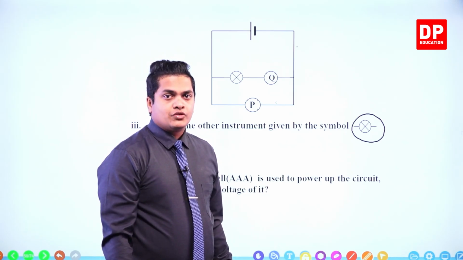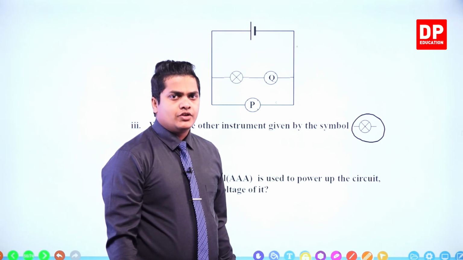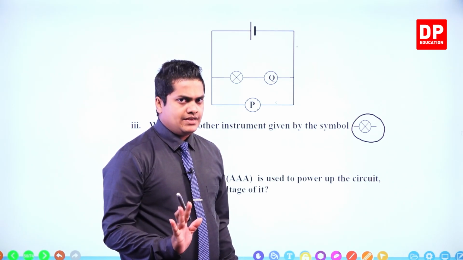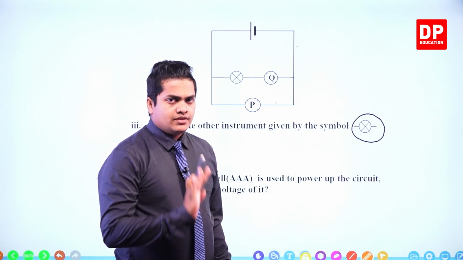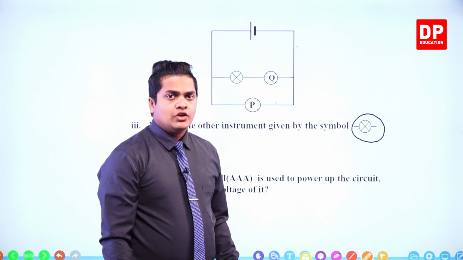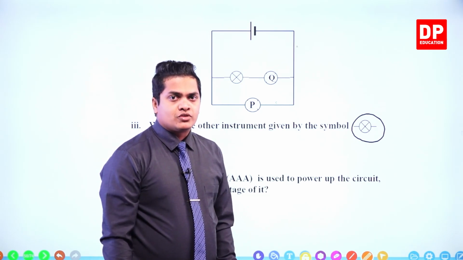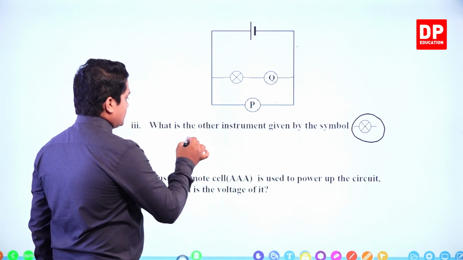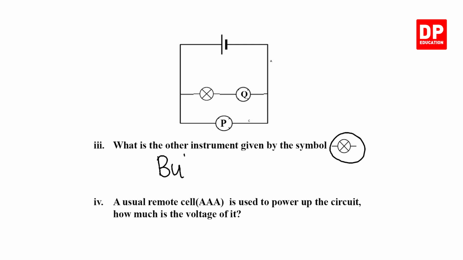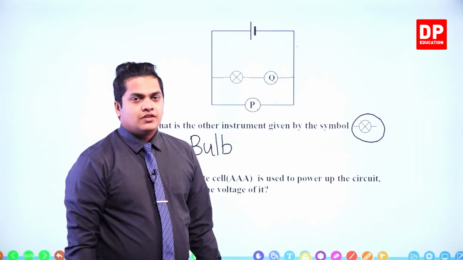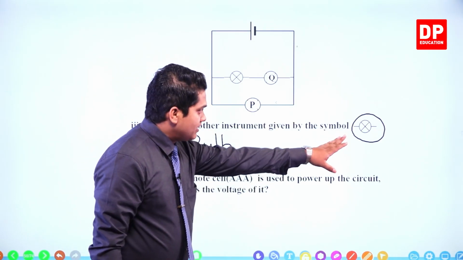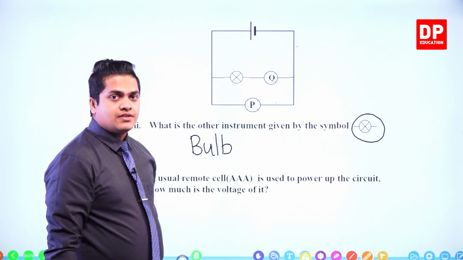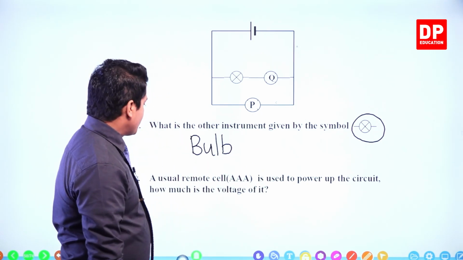To indicate a normal torch bulb, not an LED, a normal bulb, we use this symbol, right? So this symbol reflects the bulb or the simple torch bulb.